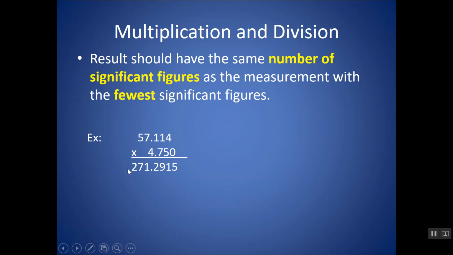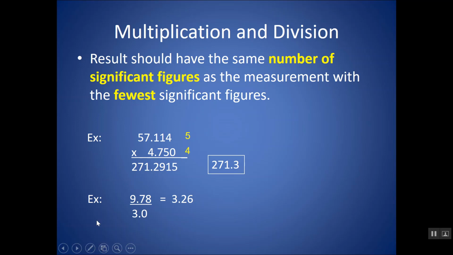So we can only have our answer rounded to as many significant figures as are in the fewest going into multiplication or division. So for the first number, there's 5 sig figs. In the second number, there's 4. So I want to round my answer to 4 sig figs, the fewest amount. So I want to keep the 2, the 7, the 1, and I'll keep one more decimal place, the 9 rounds that to 271.3.